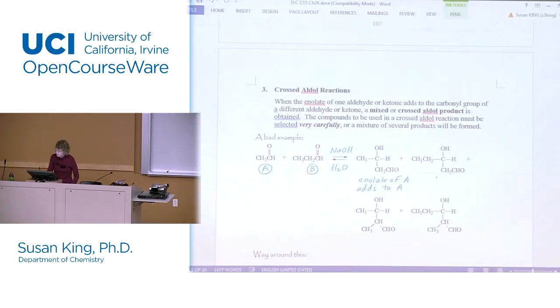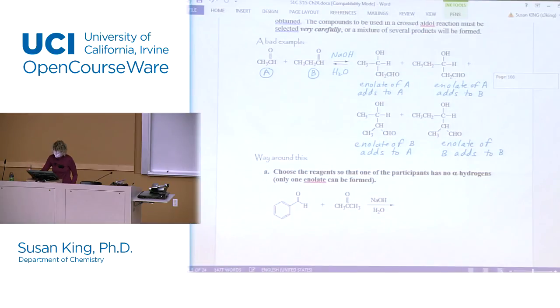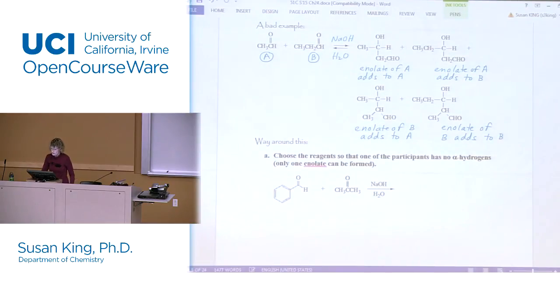Okay? This one is enolate of A adds to B. And this one would be enolate of B adds to A. And enolate of B adds to B. All right, so that's not something we would want to do, because if there's a specific product out of those 4 that we want to make, just that product, we don't want to have to separate those 4 compounds.